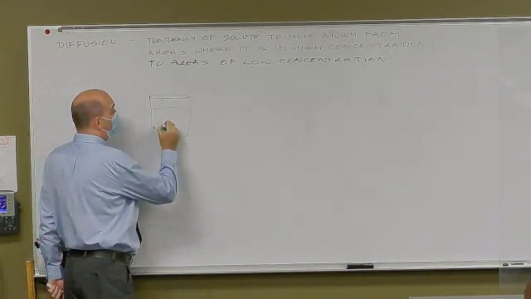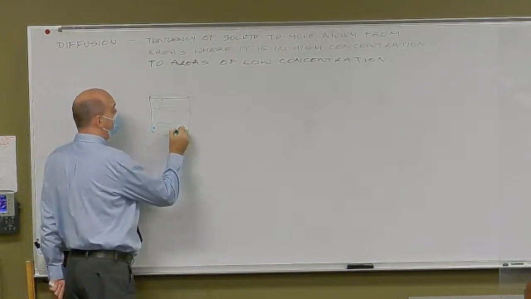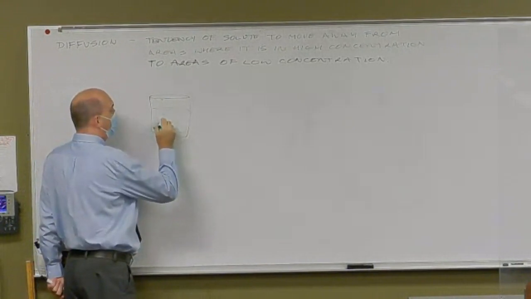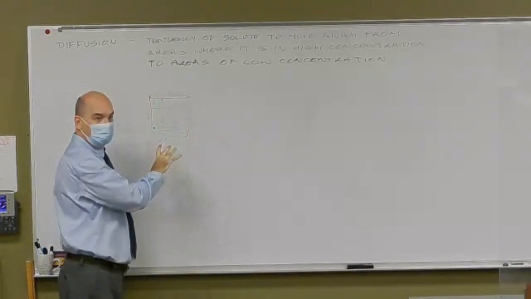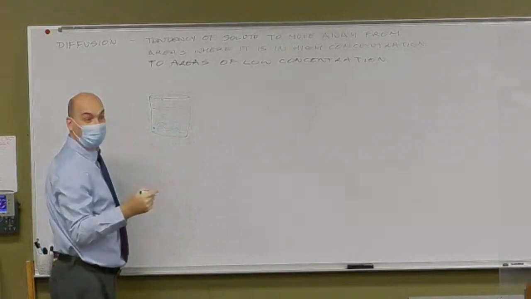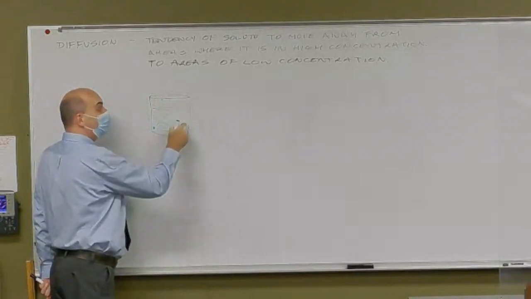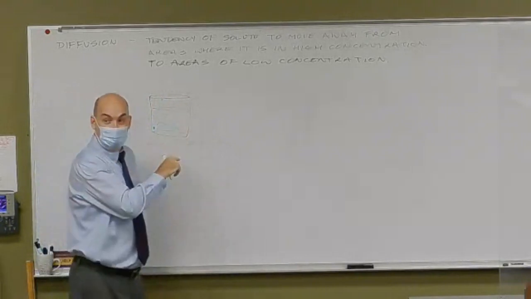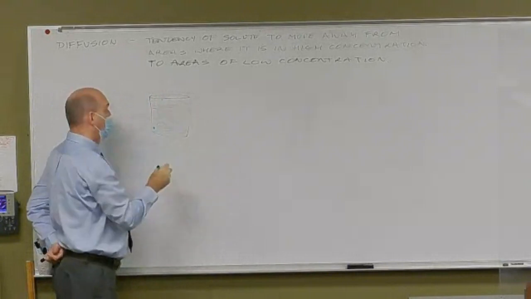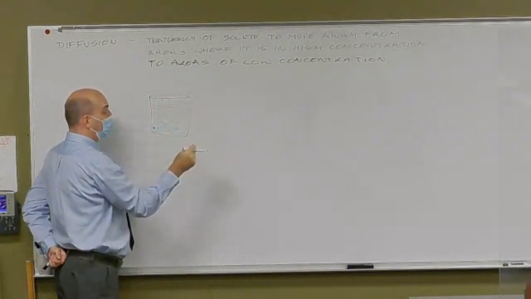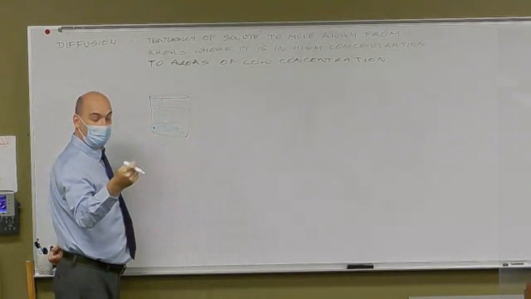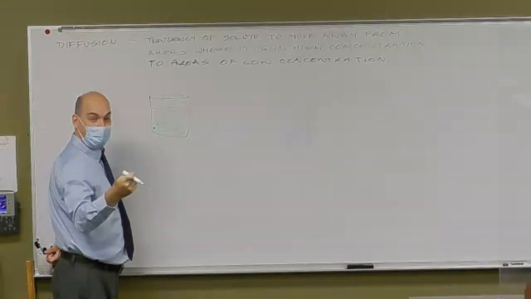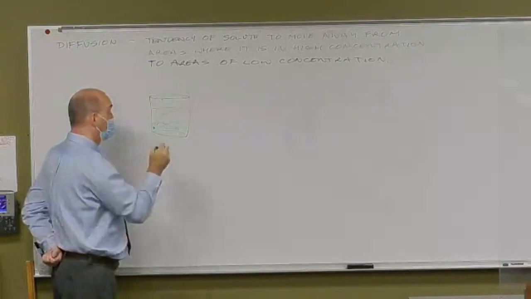And if you do this right, you'll actually see traces of the color dispersing in. Now, what's happening is that at room temperature, there is enough energy inside this system. At ambient temperature, we're going to associate that with kinetic energy, the energy associated with motion.